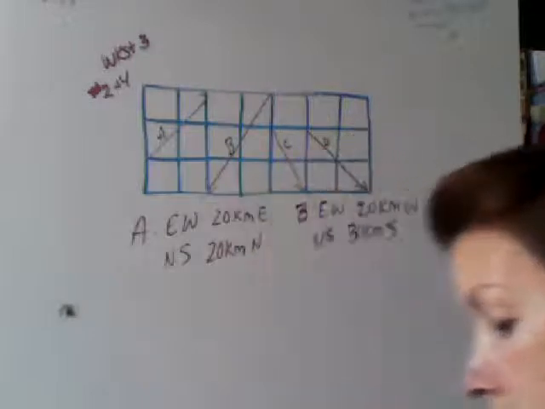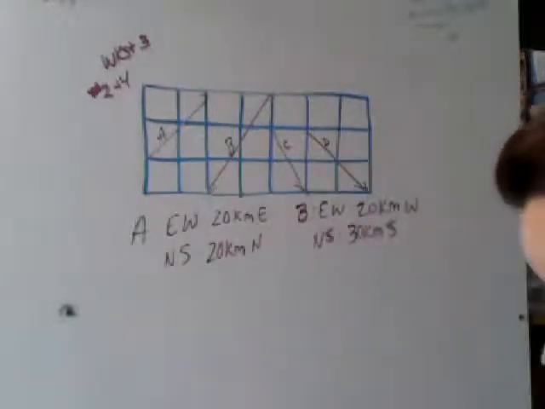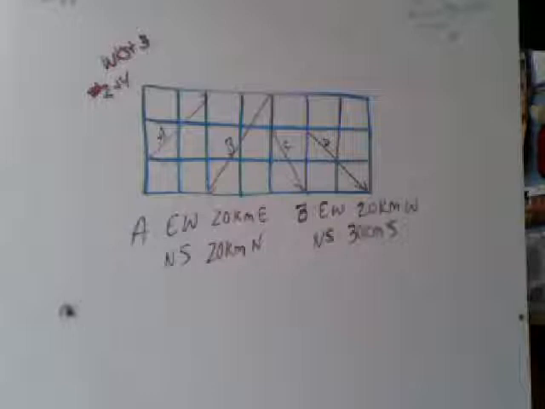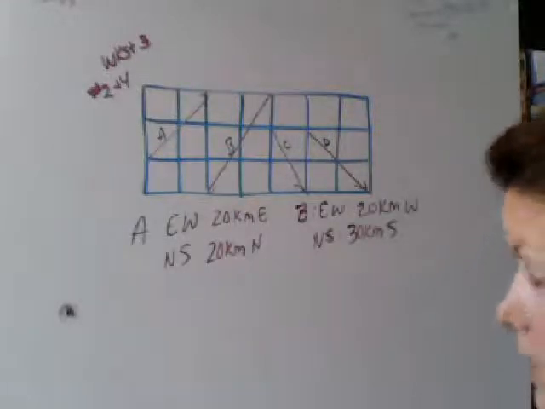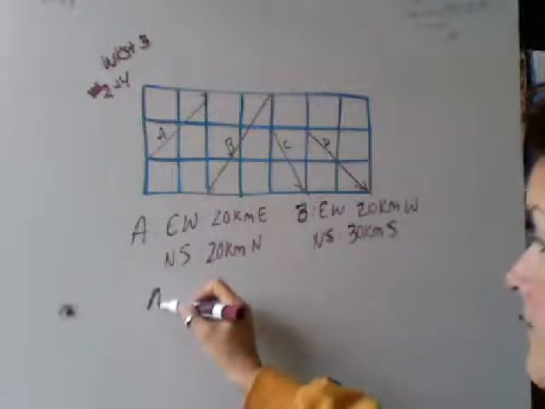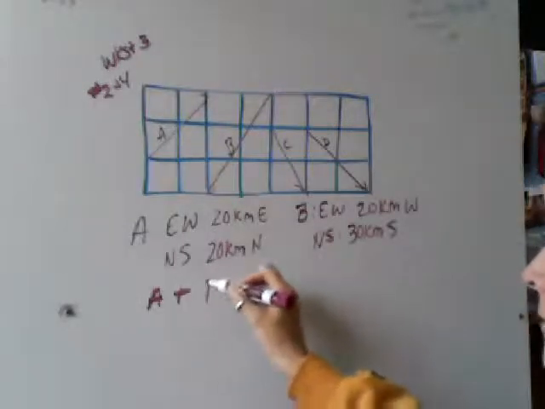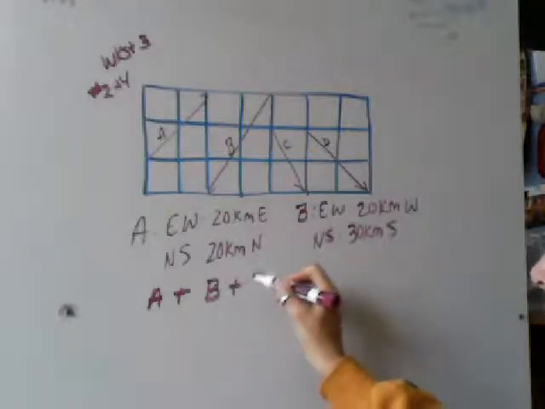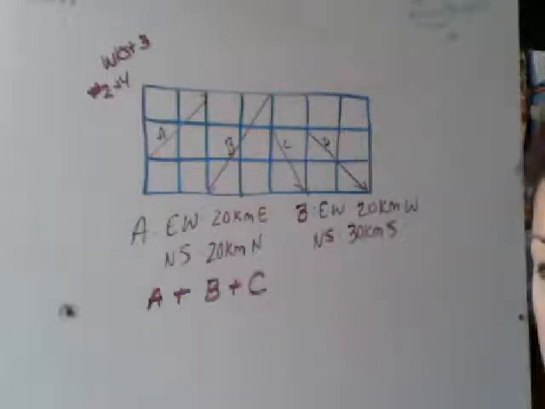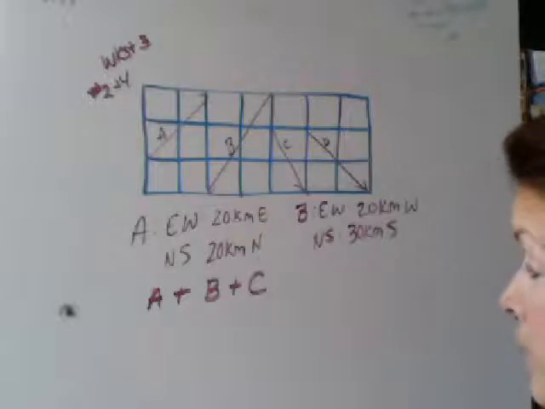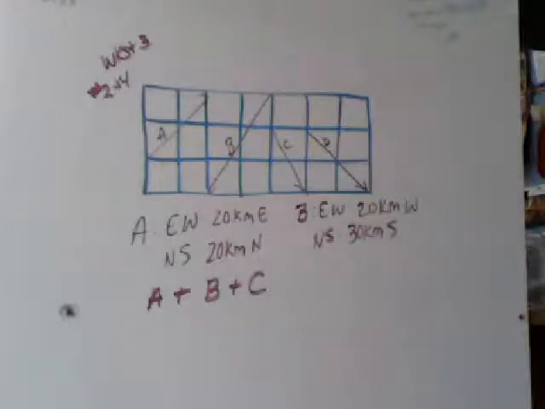So then if we look at problem number 4, problem 4 talks about adding the different vectors together and getting its overall displacement. So the first one asks us to add vector A, vector B, and vector C. So just like before when we were analyzing Jordy's movement, we analyzed his north and south and his east and west.